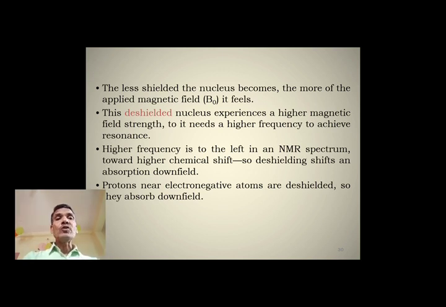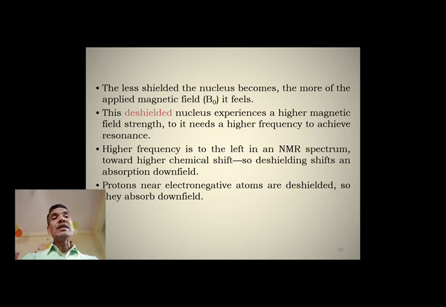The less shielded the nucleus becomes, the more of the applied magnetic field strength B0 it feels. If the nucleus is deshielded, this deshielded nucleus experiences higher magnetic field strength. It needs higher frequency to achieve resonance, and therefore higher frequency is to the left side in NMR spectrum, therefore towards higher chemical shift.